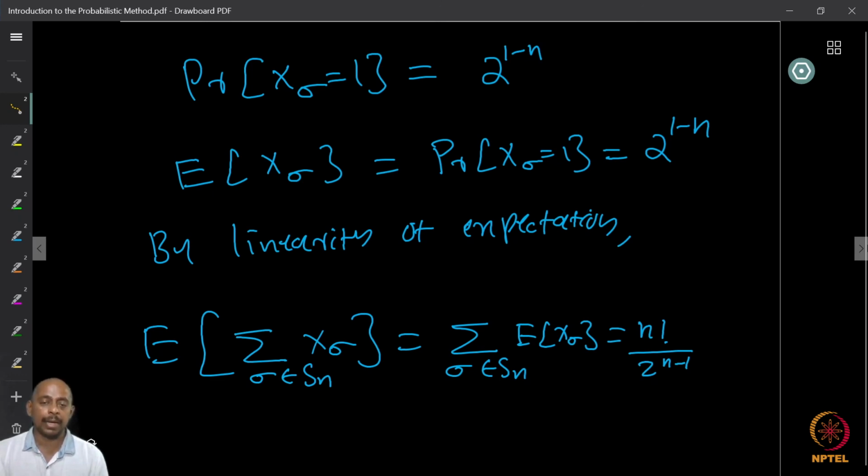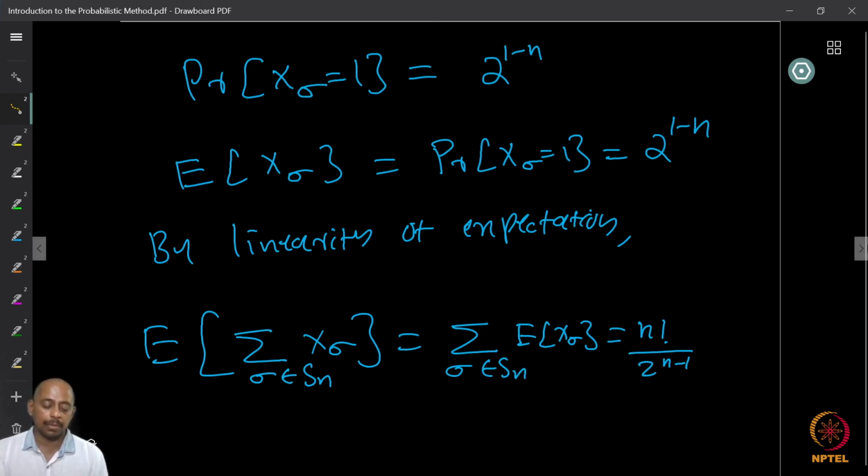Whenever sigma is a good path, a directed path, I'm counting 1, which means that the summation of x sigma is a counting variable which counts the directed Hamiltonian paths in the random tournament.